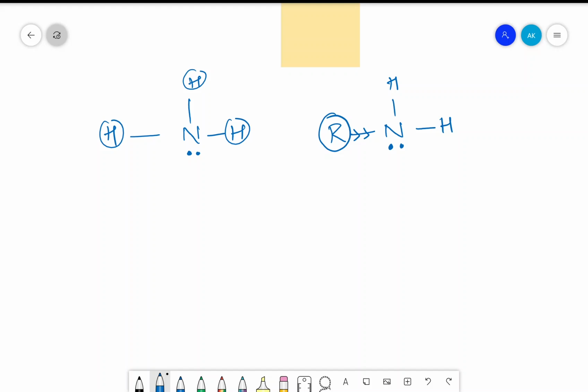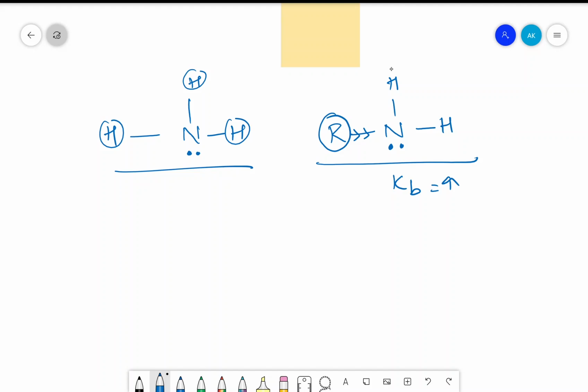So when you compare ammonia and amines, amines are supposed to be a stronger base and that will be represented in the form of a higher Kb value for amines compared to ammonia. And in the notes itself, I have given a statement that amines are more basic than ammonia because the electron releasing or electron donating group, that is the alkyl group, increases the lone pair availability.